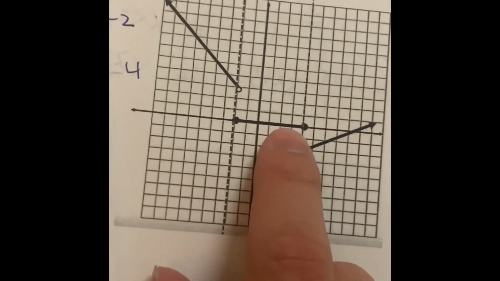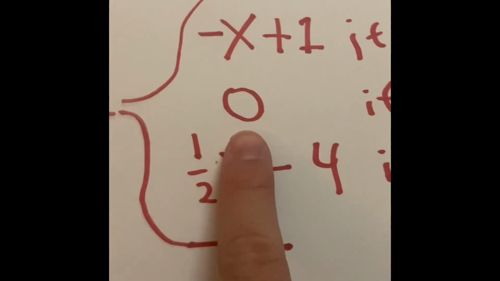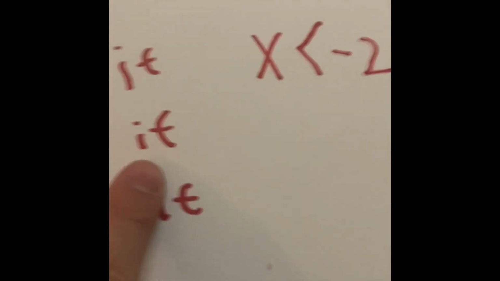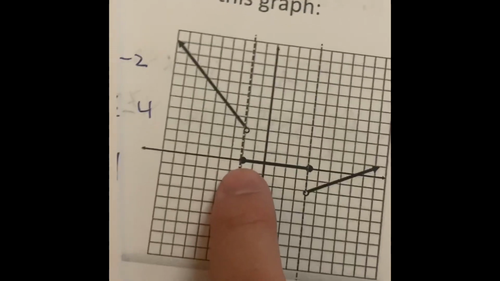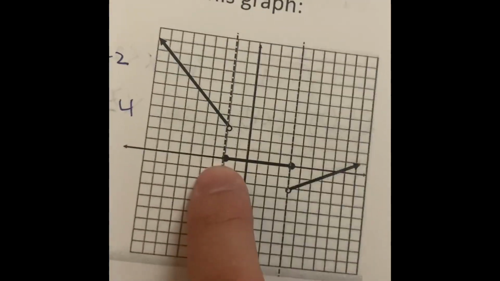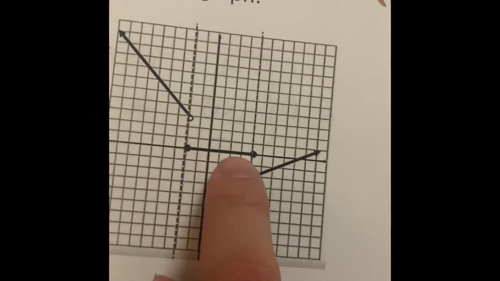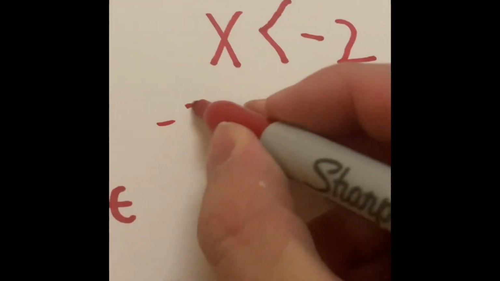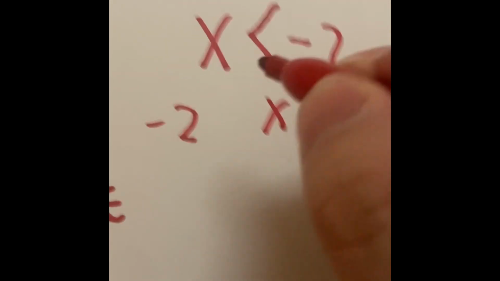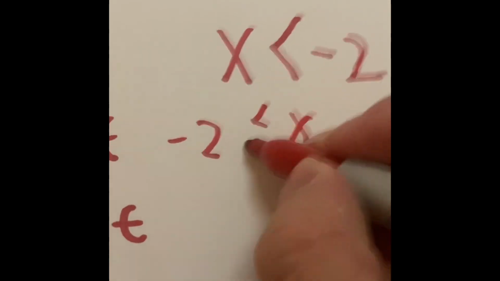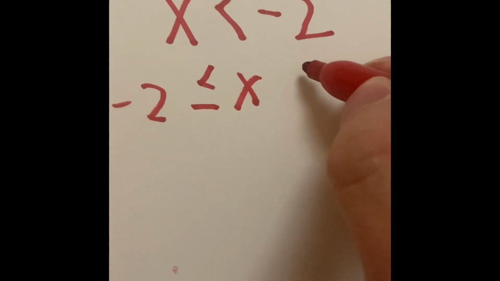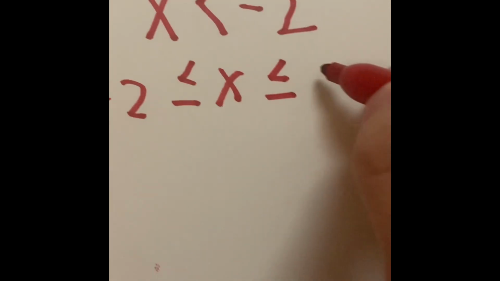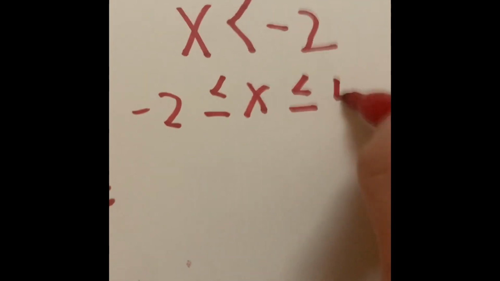What about the second one? We have a slope of 0. That is going to be the first part. But what happens if we try to find the inequality? We have negative 2 to the left and 1, 2, 3, 4. So here is what's going to happen. x has to be greater than or equal to negative 2, but also less than or equal to positive 4.